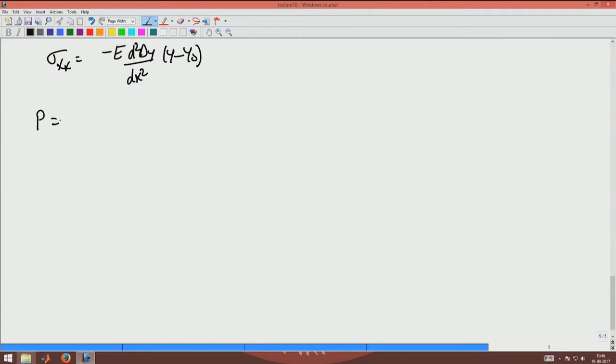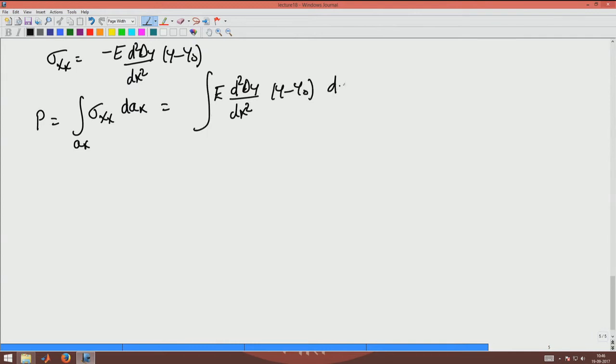Now, the axial force P is the integral of sigma xx dAx, that will be E times d square delta y by dx square into (y minus y naught) integrated over dAx. This dAx is nothing but dy dz, as we have seen many a time now. This has to be equated to 0.